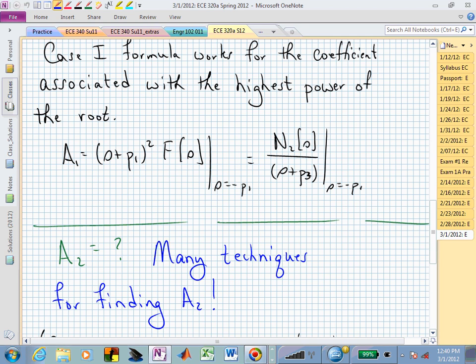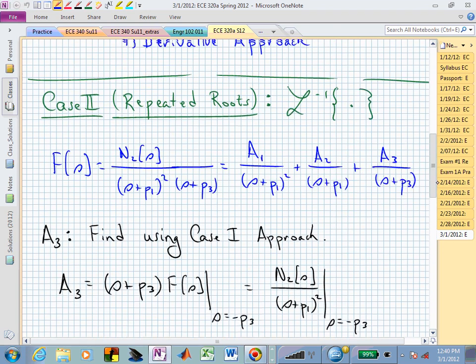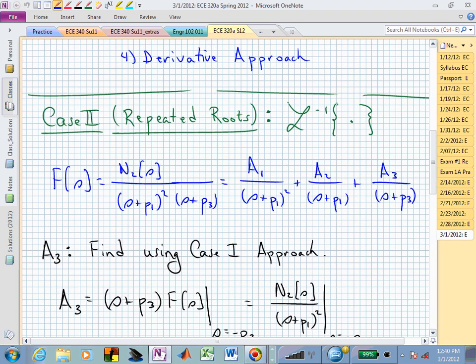Now, to find a sub 2, if you remember what a sub 2 was, a sub 2 is associated with that repeated pole, except it's now not the highest power of that pole. So a sub 2 is problematic because if we multiply through by s plus p1, we can't let s equal to minus p1 because then both sides would be going to infinity, and infinity equals infinity, but we can't evaluate a sub 2 from that information.